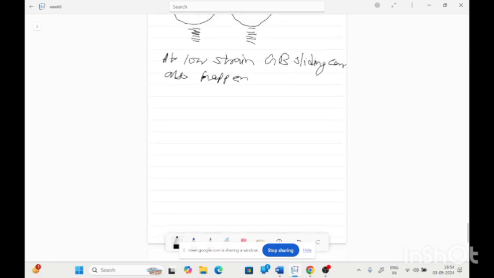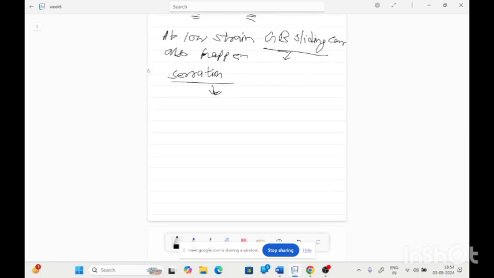So at low strain, grain boundary sliding happens, means at low strain grain boundary sliding is more prevalent. Due to the grain boundary sliding, serrations will dominate in this condition, giving rise to further strain gradient between the two grains, and increasing the driving force for the recrystallization.